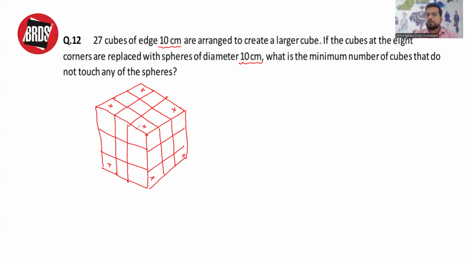We just have to think of one corner, which would help with every other one. If you focus on this particular corner, the sphere connected here would be touching this one, this one, and this one. It won't be touching this, this, or this, and it won't even be touching the one cube which is exactly at the center.